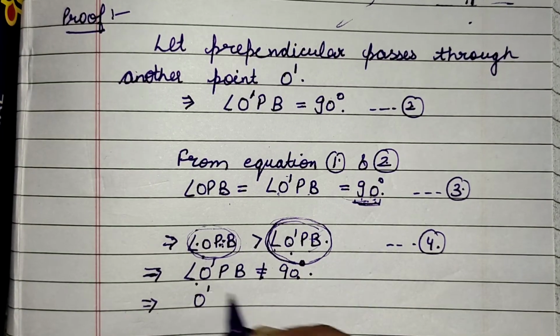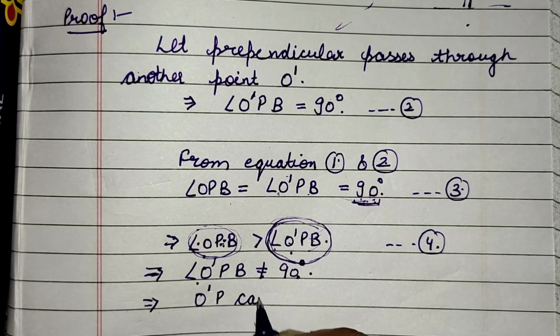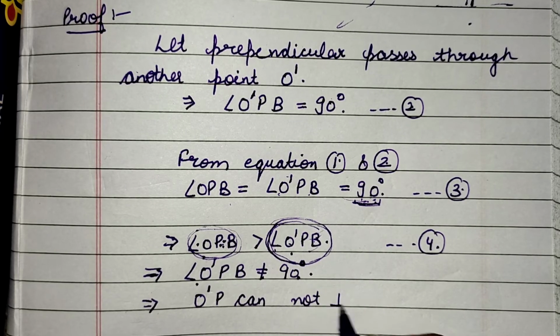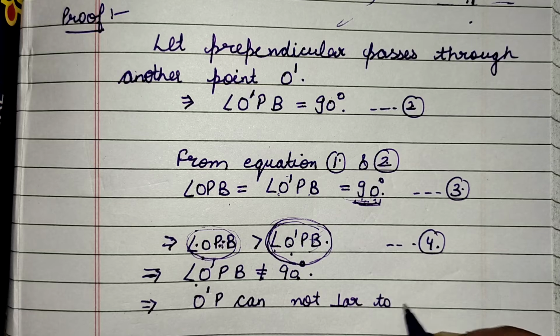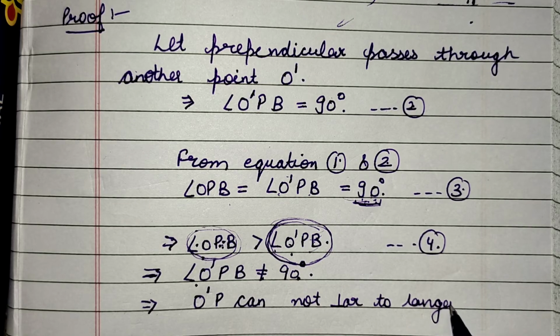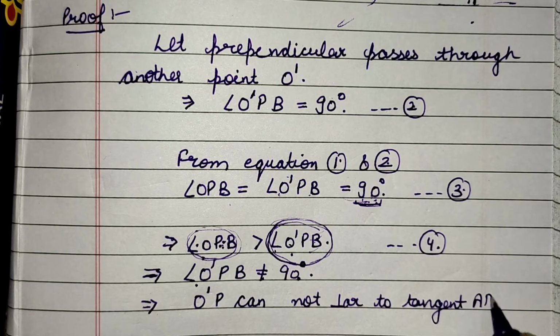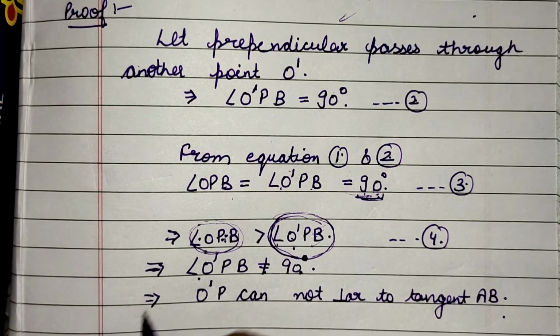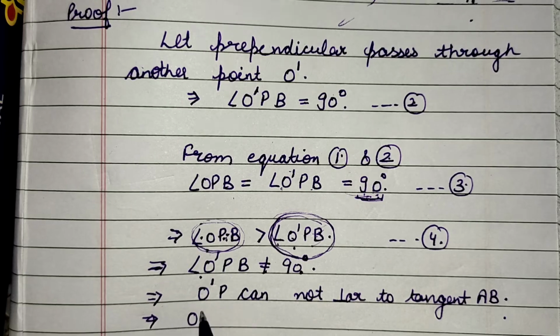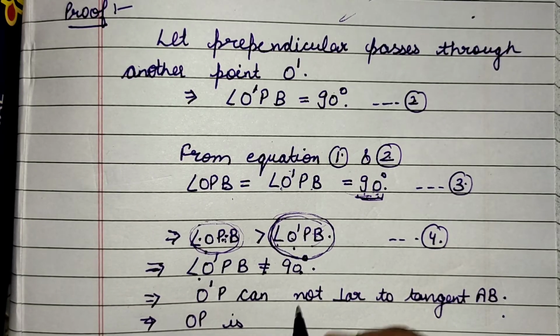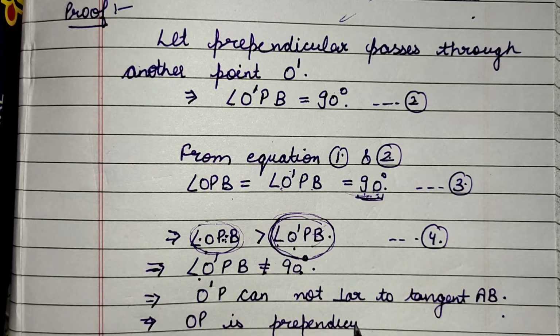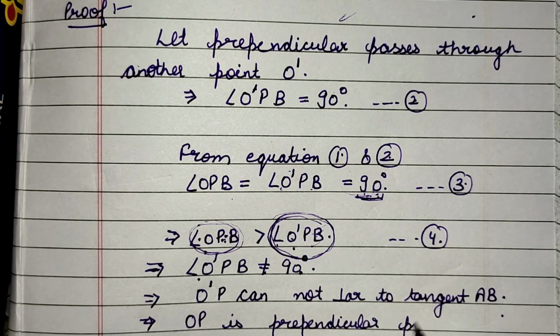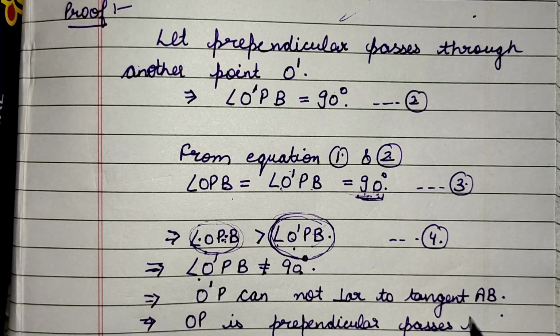So that means my O dash P cannot be perpendicular to the tangent AB, right? It is not perpendicular to the tangent AB. So what does it mean? That OP is the perpendicular which passes through the center.